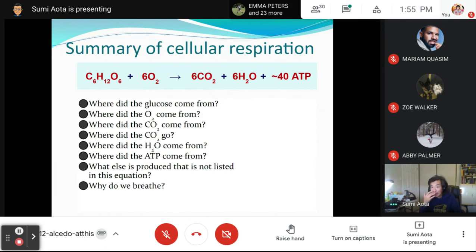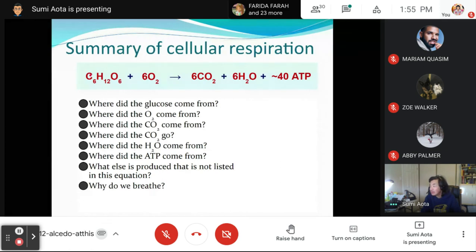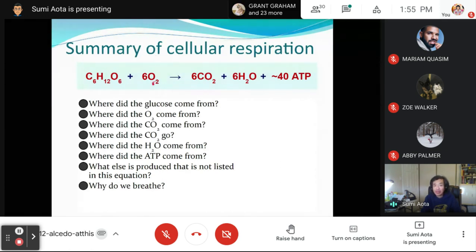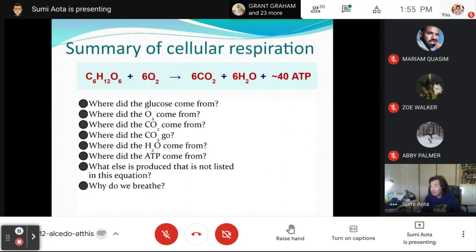But what's the actual source of water? Is it the carbohydrate? No, the source of water is actually the oxygen. That's why this is a bit of a deception. It's a bit of a lie.